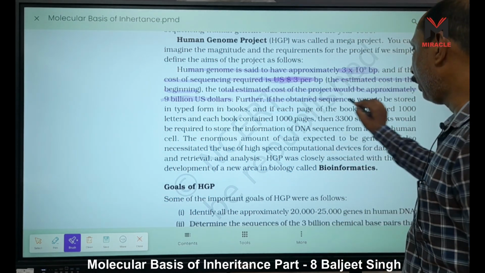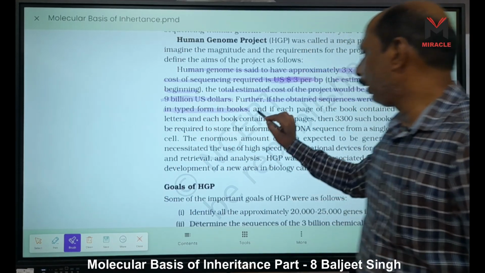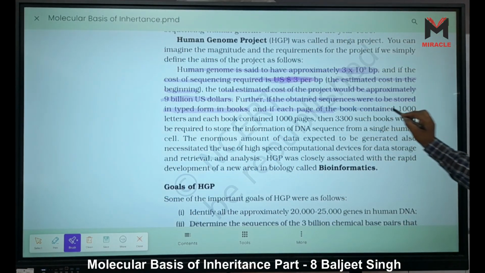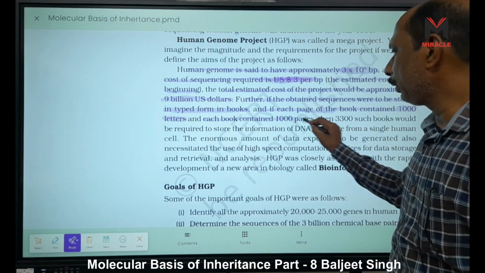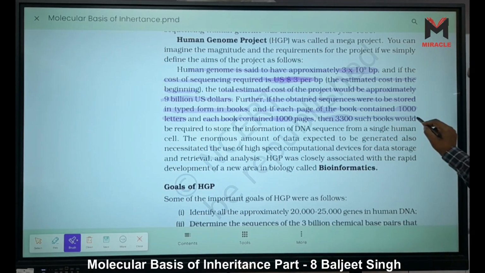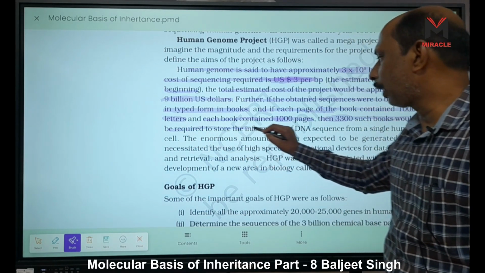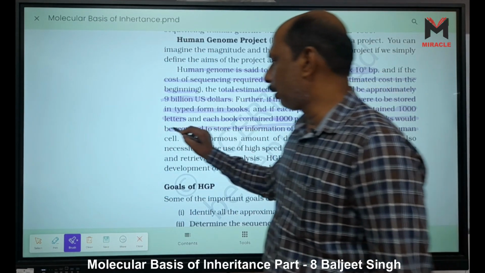Further, if the obtained sequence were stored in typed form in books, where each page contains 1000 letters and each book contains 1000 pages, then 3300 such books would be required to store the DNA sequence information from a single human cell.